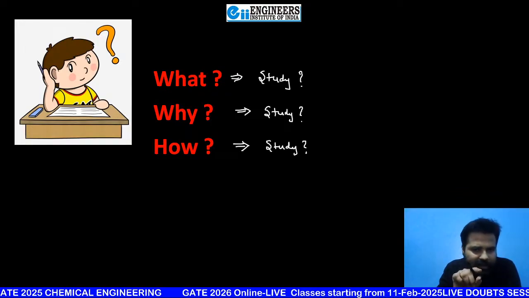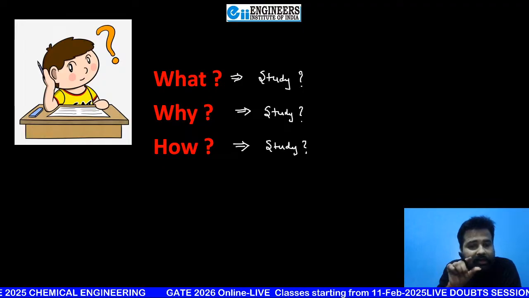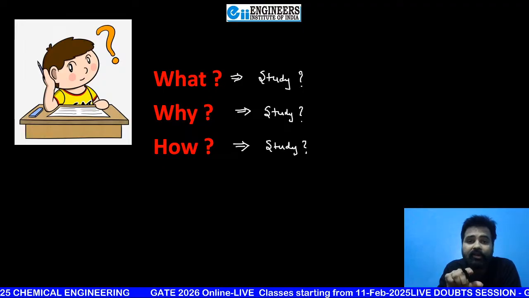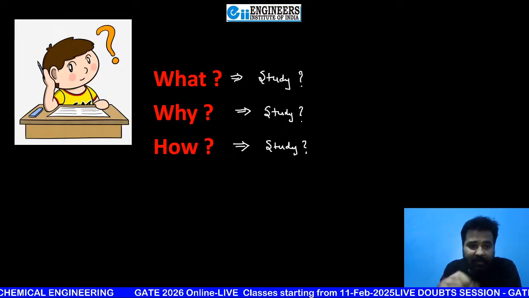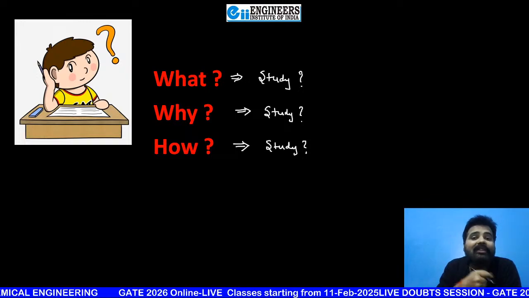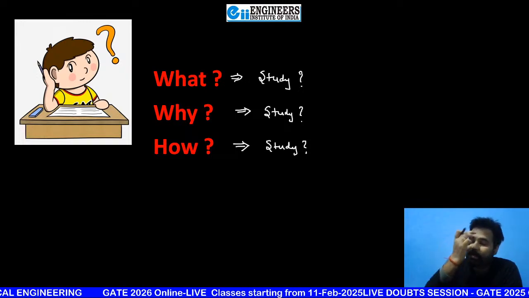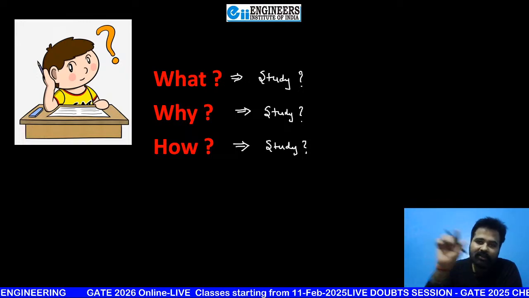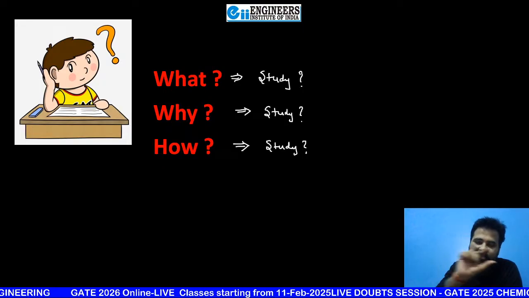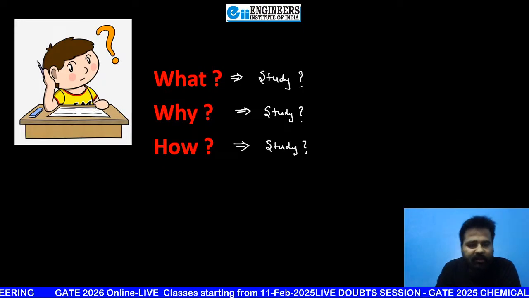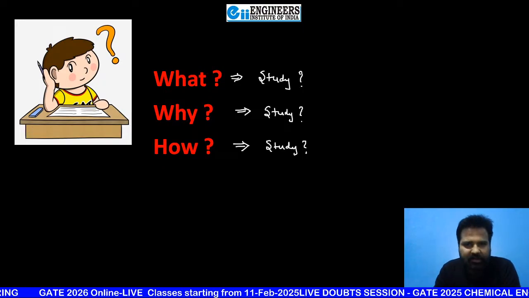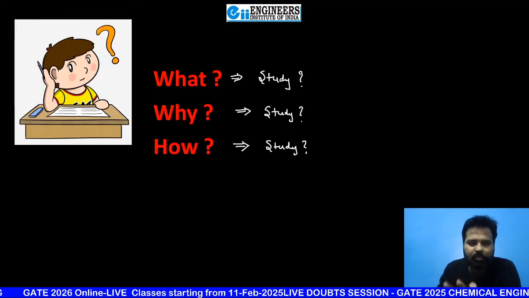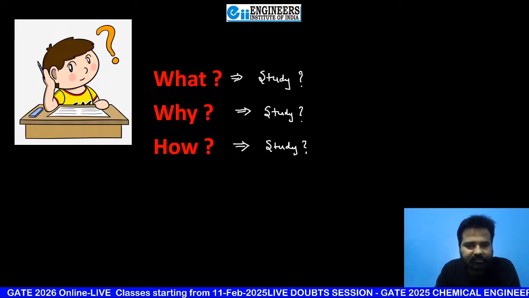In the third word, how, when I explain it, I will give my chapter-wise syllabus: at the start I will discuss this chapter, then this chapter, then this chapter. That means you can say the complete structure of this process calculation subject.